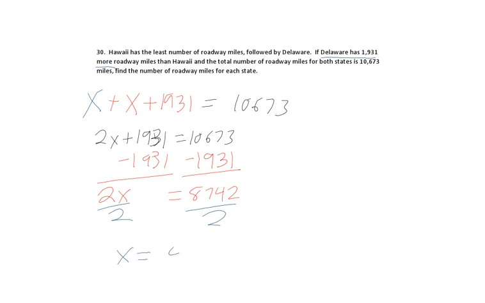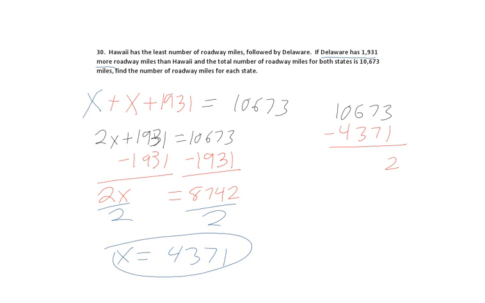And then from there we can divide by 2. So you're going to have 4371. Alright, now that you got the first answer, we just have to subtract from the total to get the second answer. So it's going to go 10673 minus 4371. So 6302.